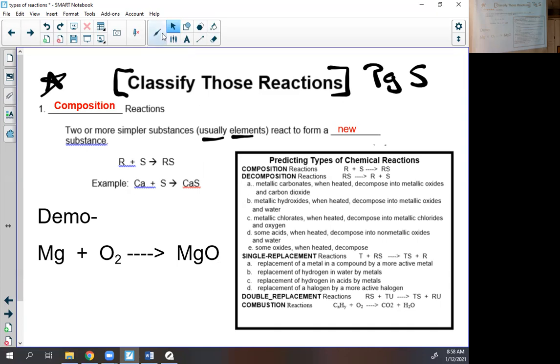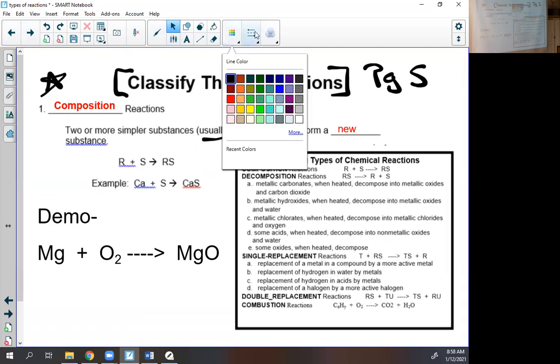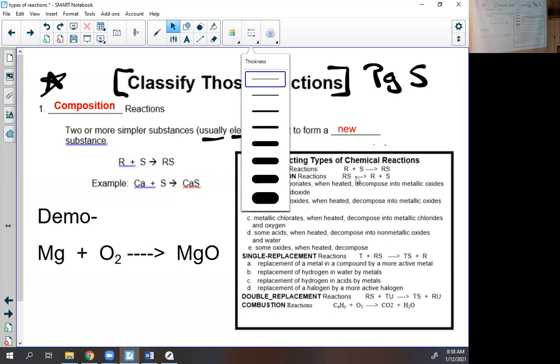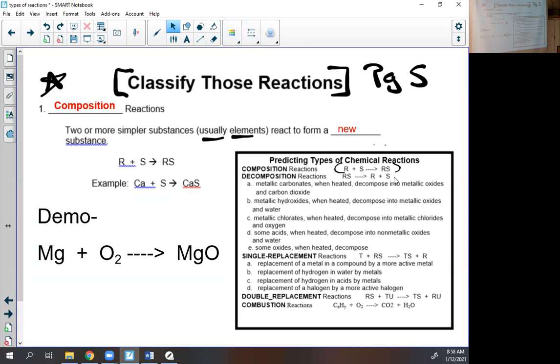You can sort of use these models right here, because you'll be able to use that on the test, to deduce the definition. It's when 2 or more things combine to make a new substance. So you have to know the definition. You have to know how to figure out which is which as well.